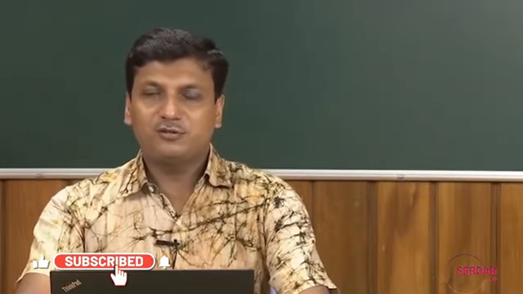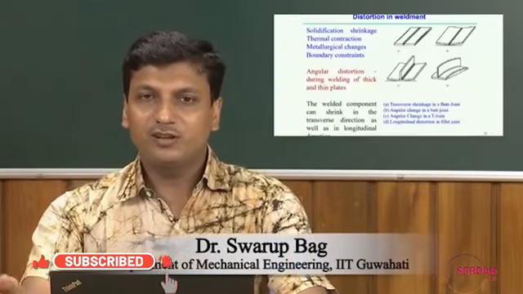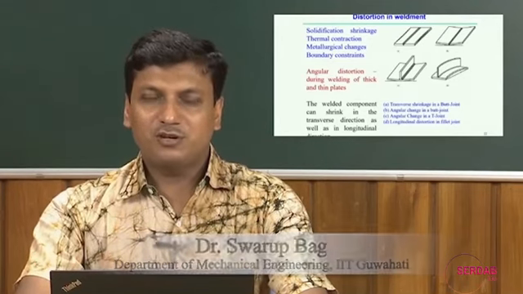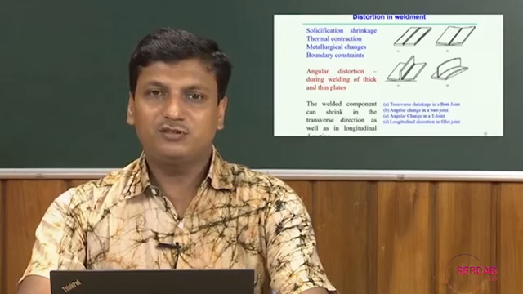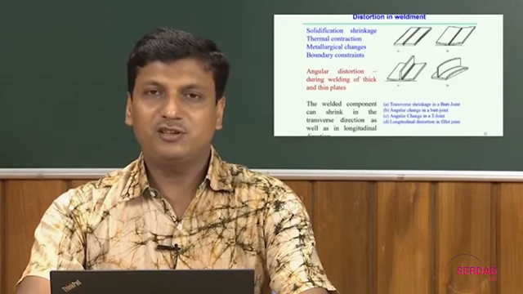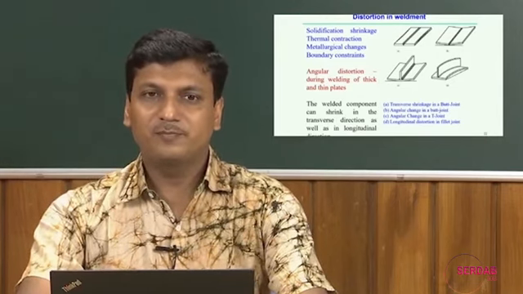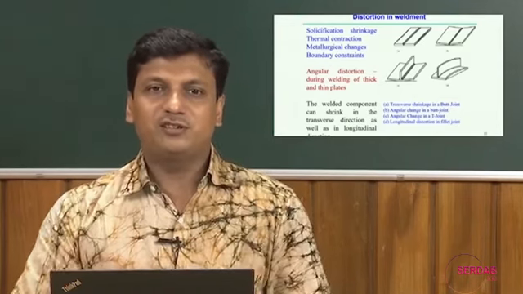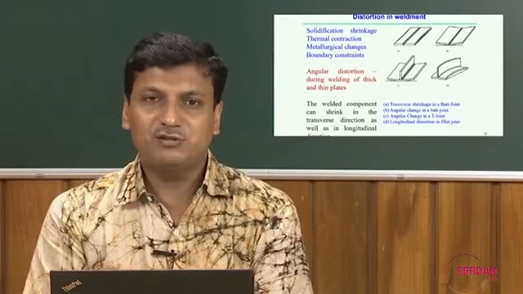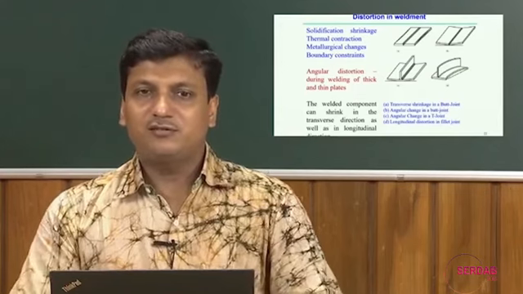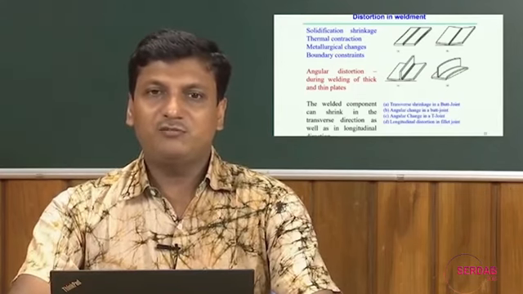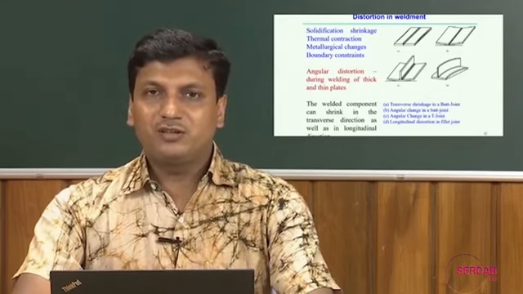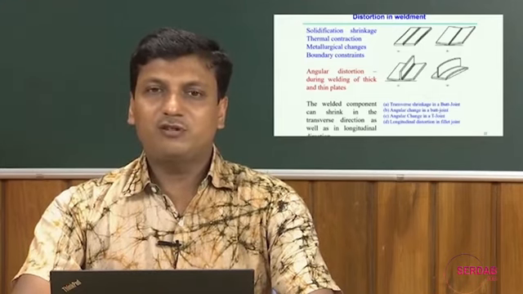Distortion in weldment is also a consequence of the residual stresses developed during the welding process, but the main reason for the distortion in the weldment structure is mainly the solidification shrinkage and thermal contraction. Of course, metallurgical changes also happen during the welding process, and if there are any boundary constraints, all this influences the distortion in the final weld joint structure.